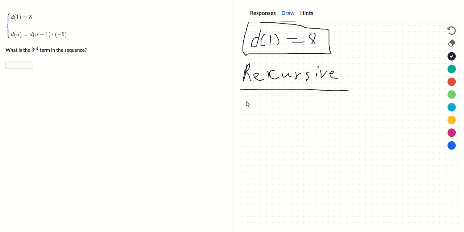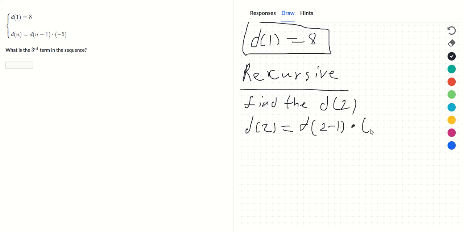So find the second term. And the second term is going to be d of 2. So d of 2 equals d of n, and then for n you're going to write 2 minus 1 times negative 5.